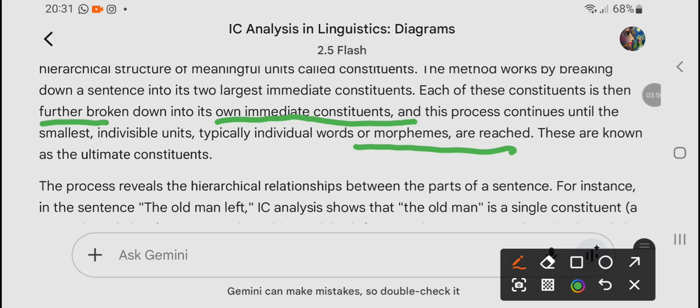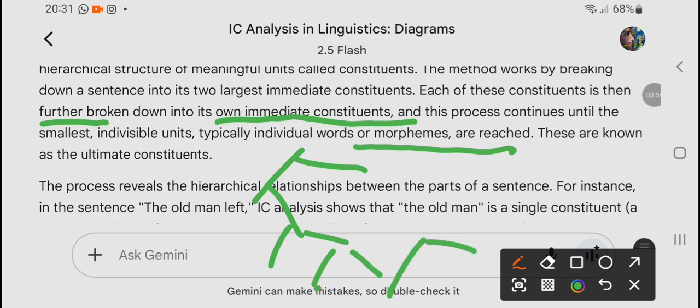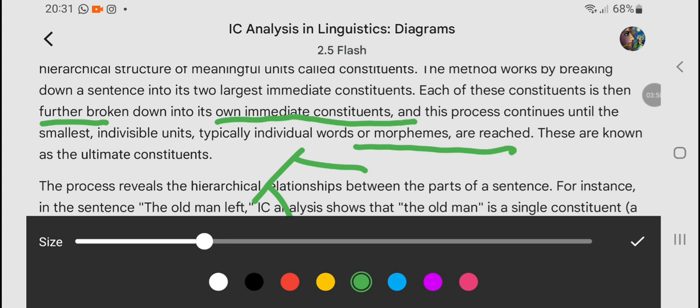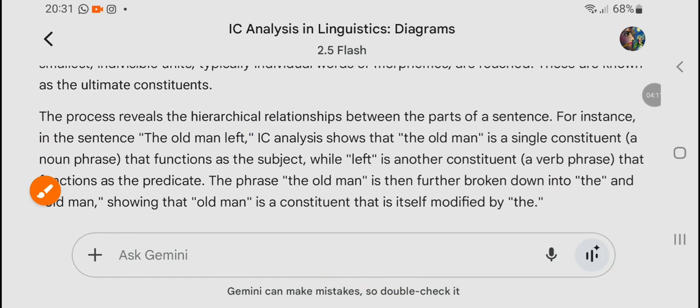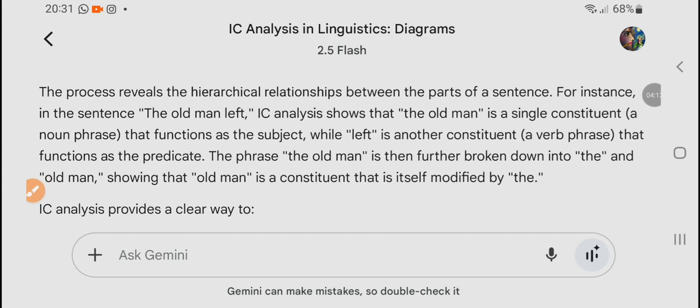Finally we reach the morpheme. These are known as the ultimate constituents.